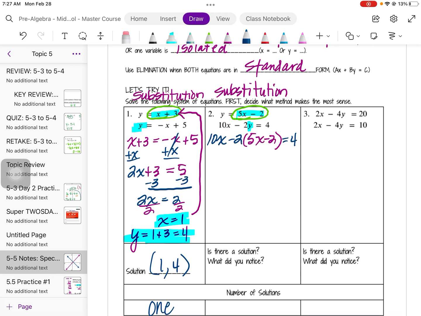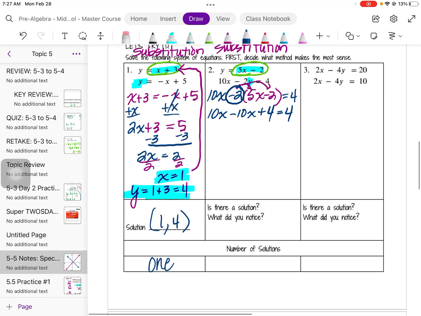So I'm going to go ahead and distribute first. My 10x drops down. And then remember, I'm distributing a negative 2 here. So negative 2 times 5x is negative 10x, and negative 2 times negative 2 is positive 4. Watch your signs when you are distributing. My next step is to combine my like terms, which are right here.